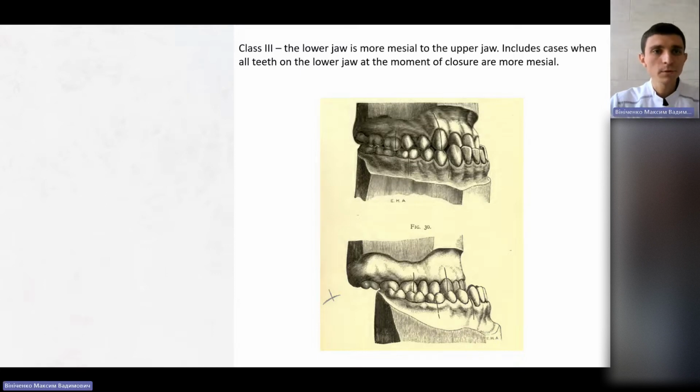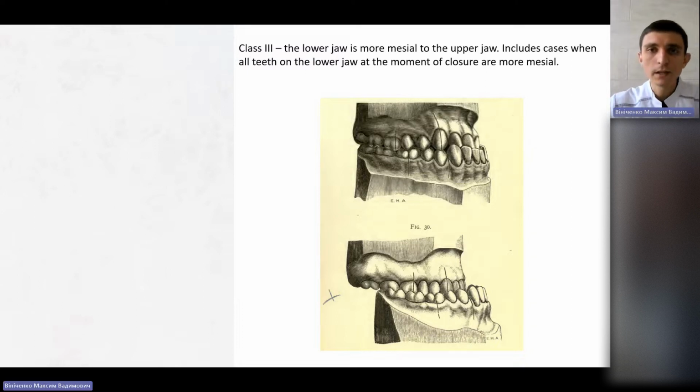For example, this is the position in this patient. And when we want to retrude these incisors, we couldn't do this, because there is no bone in this area. If the IMPA angle is 82 or less, it is only orthognathic treatment. It is very important to know.